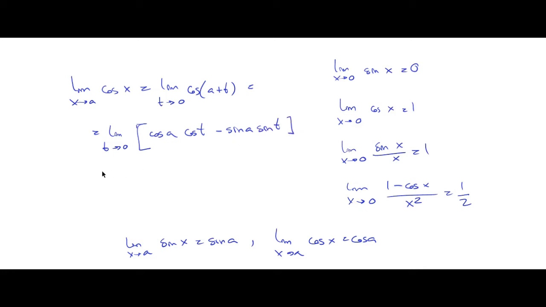Now this is equal to the cosine of a times the limit when t goes to 0 of the cosine of t, which is 1, minus the sine of a times the limit when t goes to 0 of the sine of t, which is 0. Okay, so the limit when x goes to a of the cosine of x is the cosine of a. You can do the same thing with the sine using this strategy and the formula for the sum of angles.